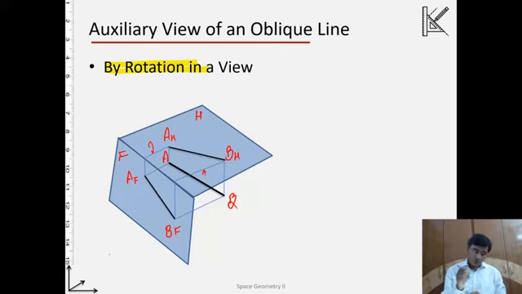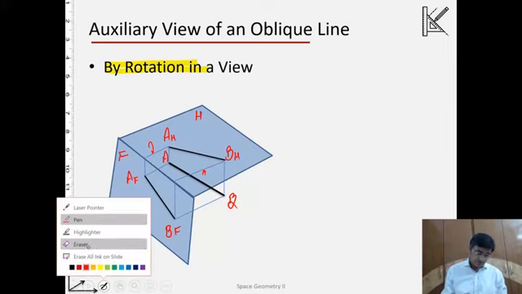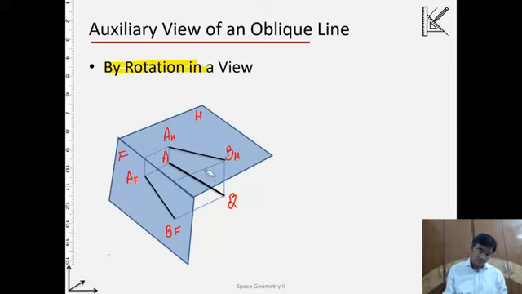What we are going to do here is something a little special. For this line AB, I will hold the end A, fix this end, and rotate this line in such a way that it becomes parallel to the frontal plane.